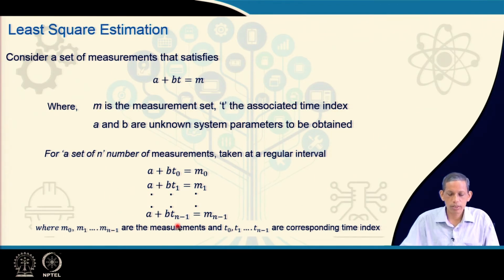In this case, the measurements are associated with the corresponding times. Note that the times t 0 through t n minus 1 are also known to us, and so are the corresponding measurements, through which we would like to find the a and b values as the system parameters. The time intervals between two consecutive measurement points generally remain fixed, and that is what we will see in our relay applications.